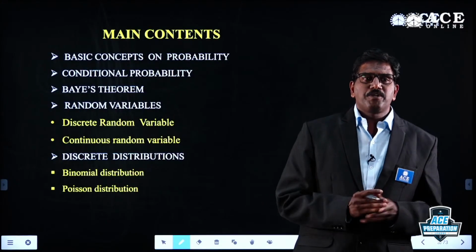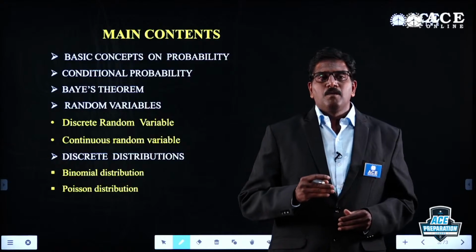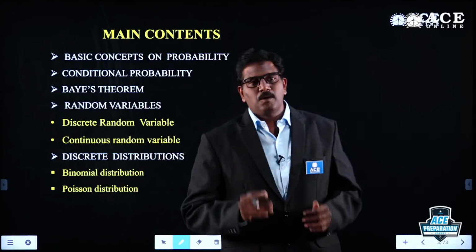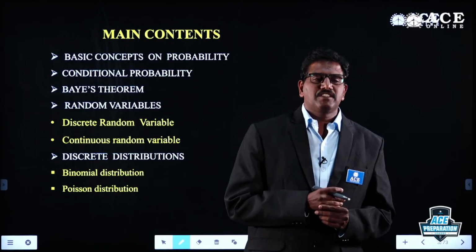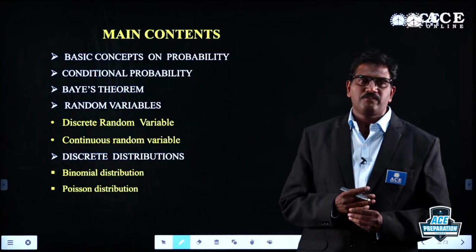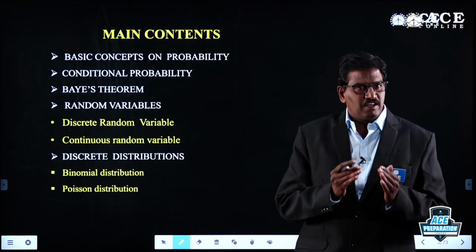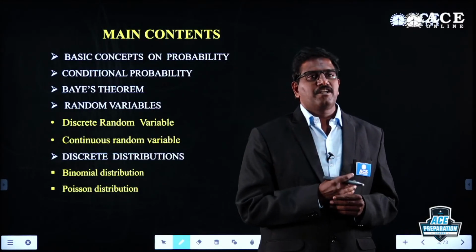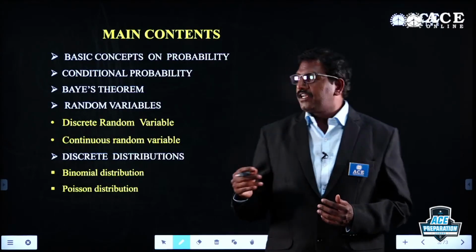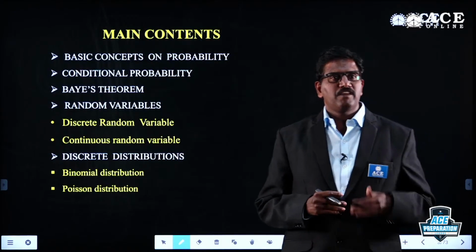And my dear students, for probability and statistics, some of the students feel this topic is very easy. Some students feel this is very tough, but most of the students feel it is a confusing area.